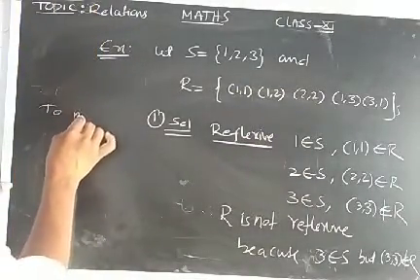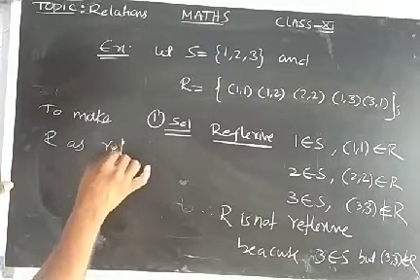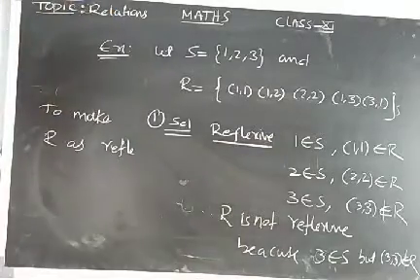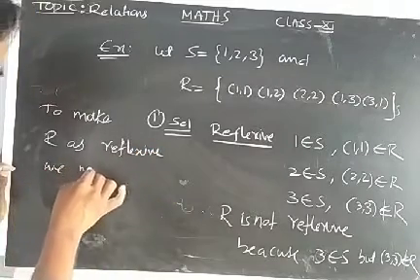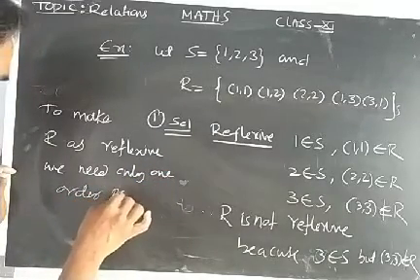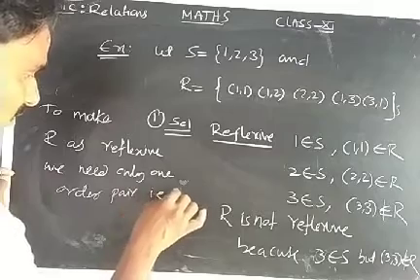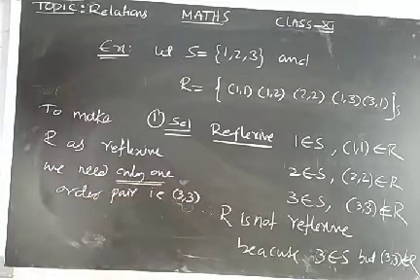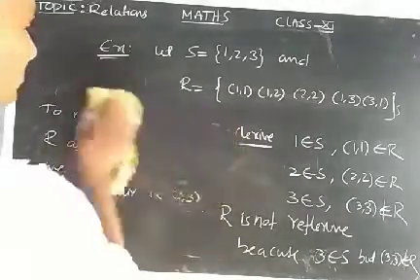To make R reflexive, we need only one ordered pair, that is (3,3). Okay, this is the first question.